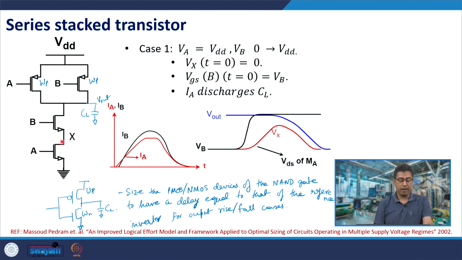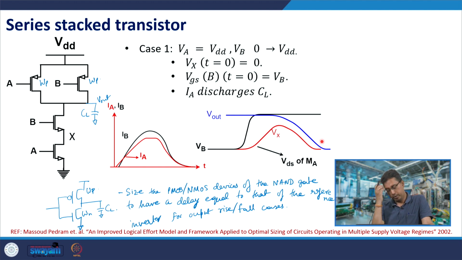IA would become comparable to and slightly larger than IB, and at that time IA would discharge both the load capacitance and the parasitic capacitance, and all of them would come to 0 volts.